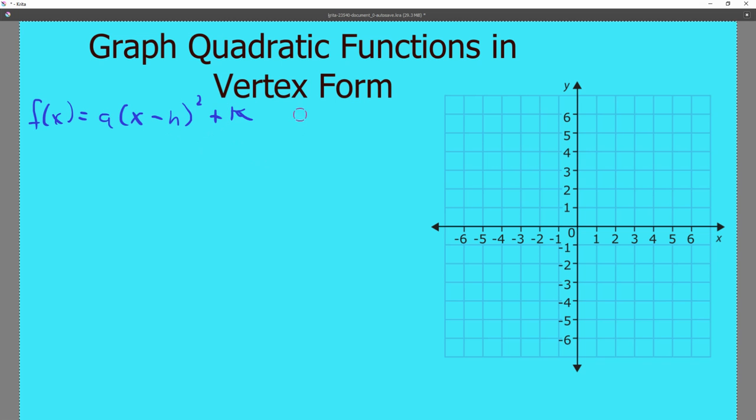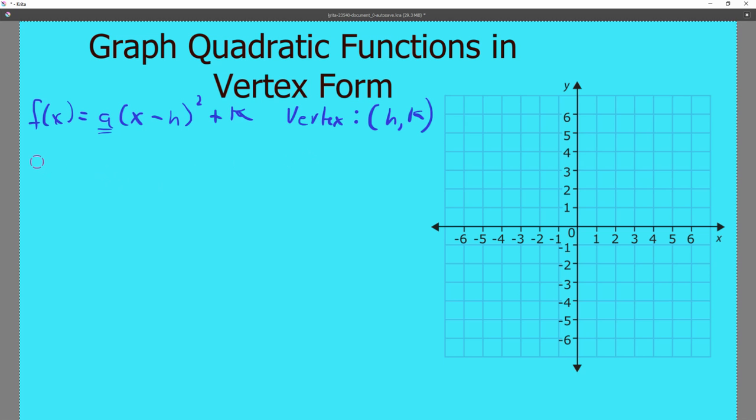Okay, so when you have this, your vertex is at h comma k. And this number a here is just whether it's opening up or opening down, and whether it's stretched or shrunk. Okay, so I'll show you what I mean.